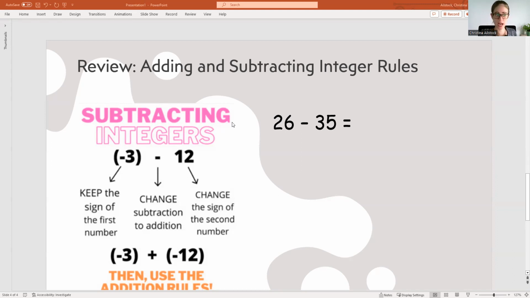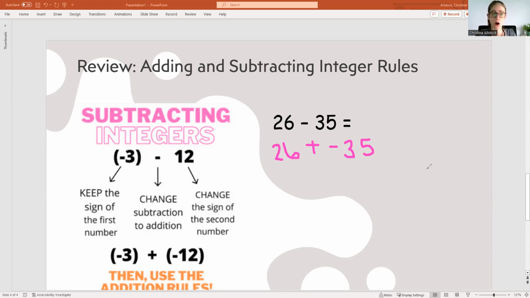So if you like acronyms to help remind you how to rewrite this problem so it shows that you're adding the opposite, you can use keep, change, change, where you keep the first number the same, change subtraction to addition, and then change your second number to be the opposite. And then we can follow those rules that we just discussed.